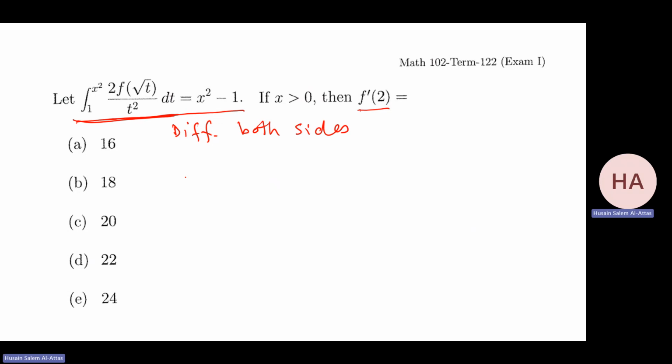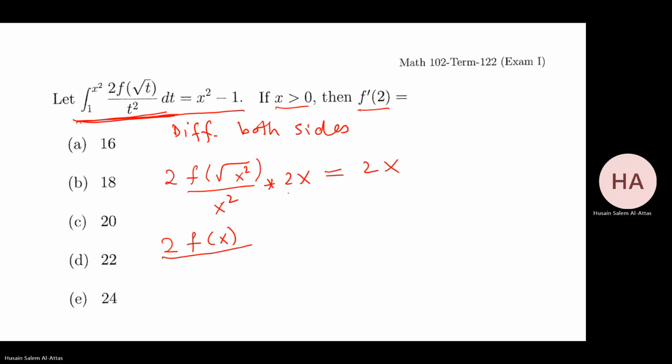On the left side, that will be 2f of square root of x squared, x is positive, over x squared times 2x. This is only the derivative of this. Derivative of the other side is 2x. So that will be 2f of x, since x is positive, times 2 over x. That will be 2x.